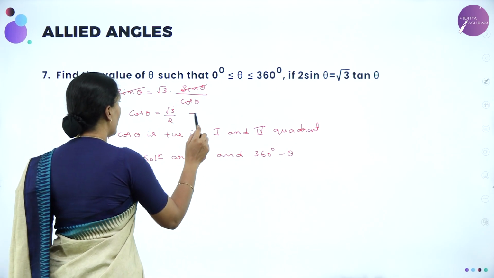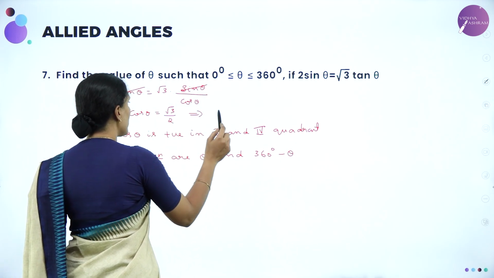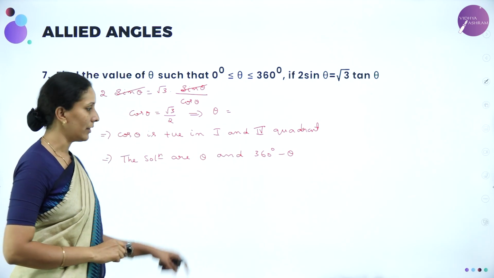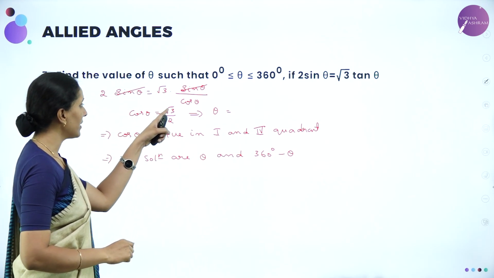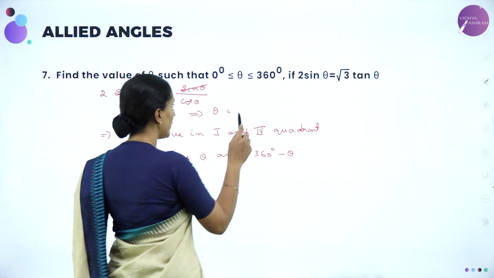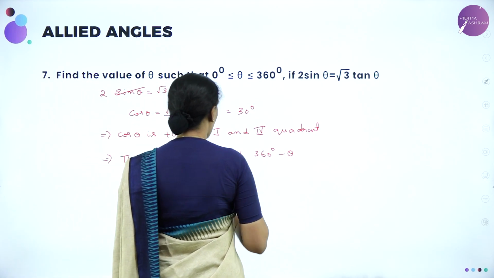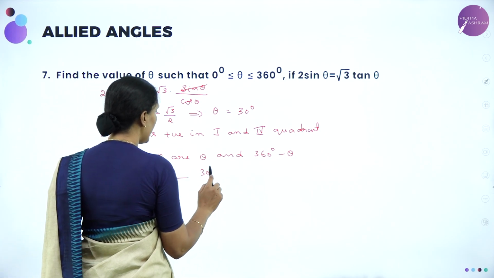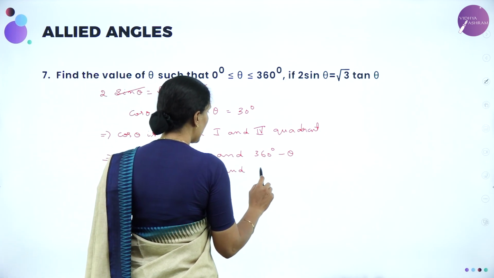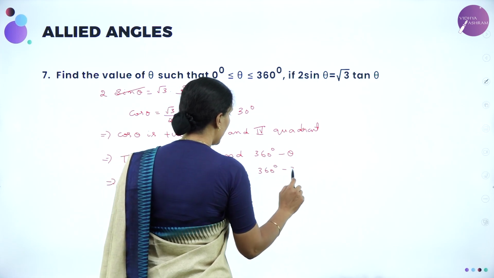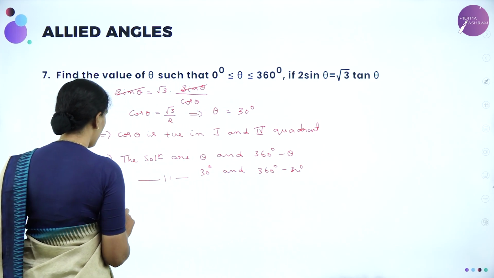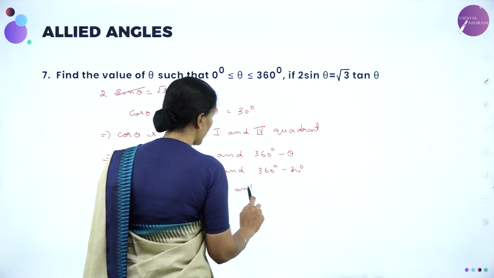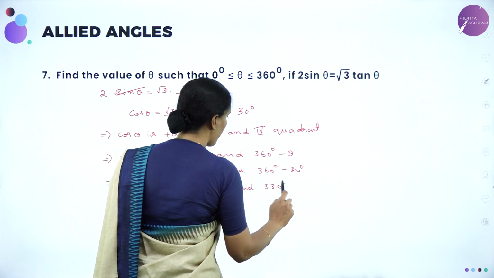Now for which angle will cos theta be equal to root 3 by 2? For 30 degree, that is, cos 30 degree is root 3 by 2. So your theta is 30 degree, and hence the solutions are 30 degree and 360 minus 30 degree, which implies the values are 30 degree and 330 degree.